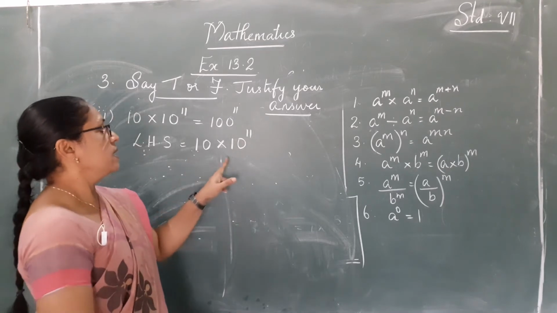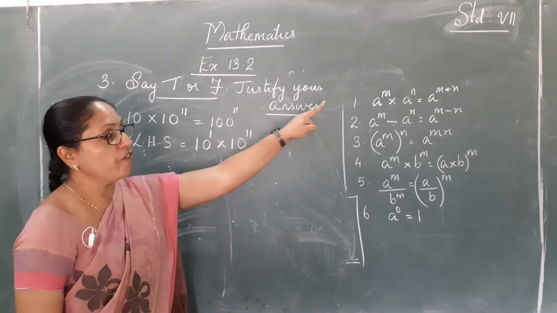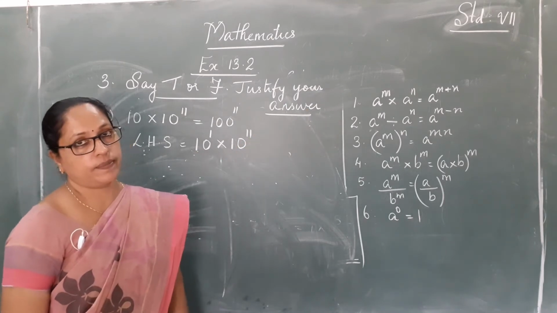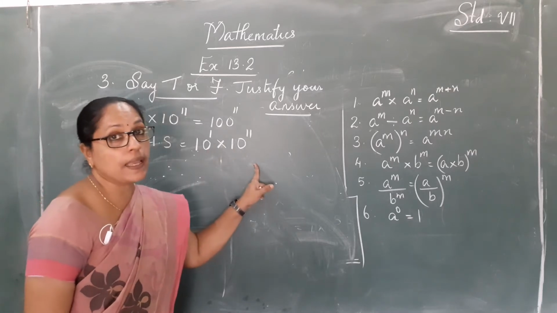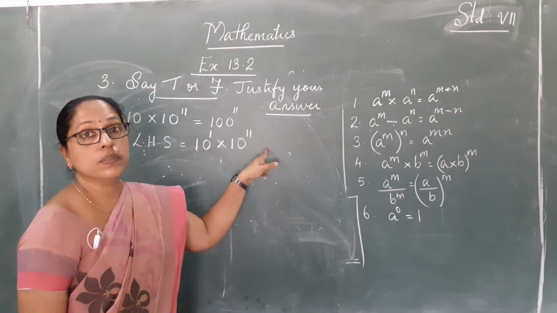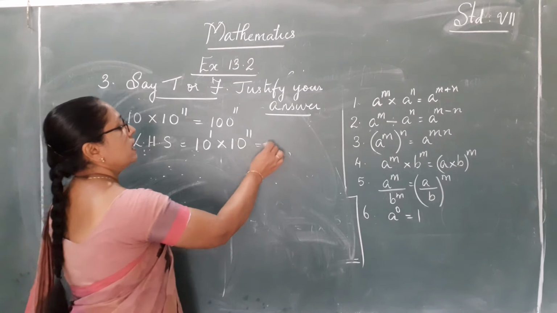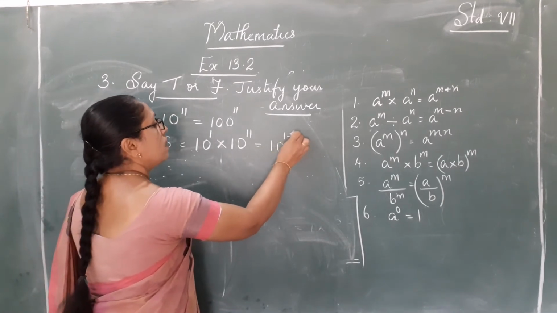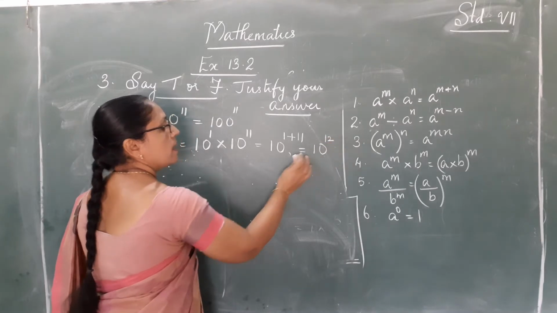Now look here. 10 means 10 raised to 1. It goes with which law? Base is the same and we multiply, so the first law: add the powers. So what do we get? 10 raised to 1 plus 11, which is 10 raised to 12.